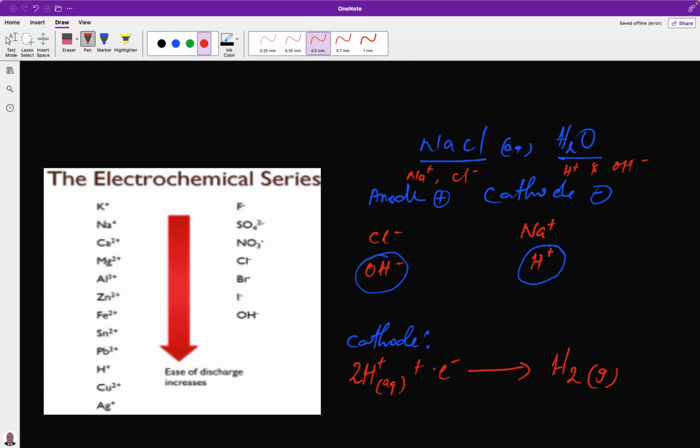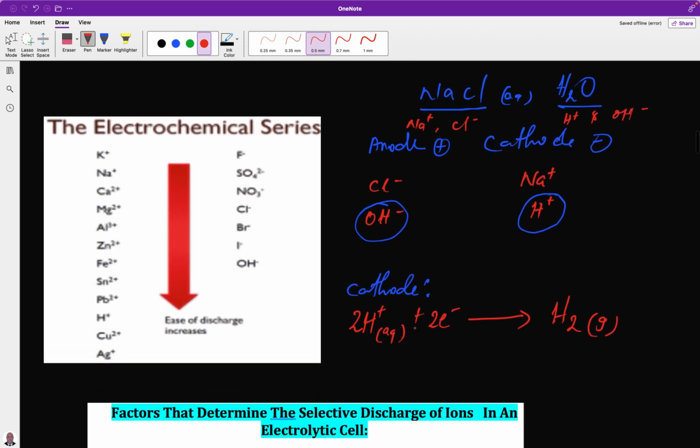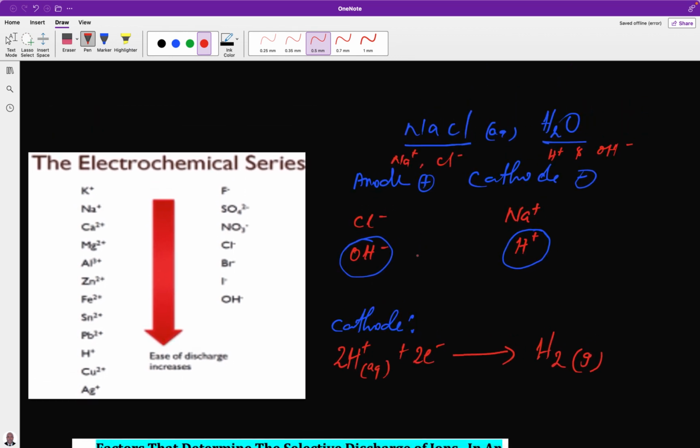Now in this case, what is happening here is reduction. Reduction is taking place here. Why do we say it is reduction? Because there is gain of electrons, or there is reduction in the oxidation number.